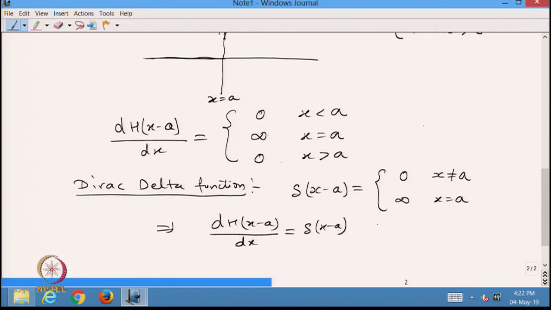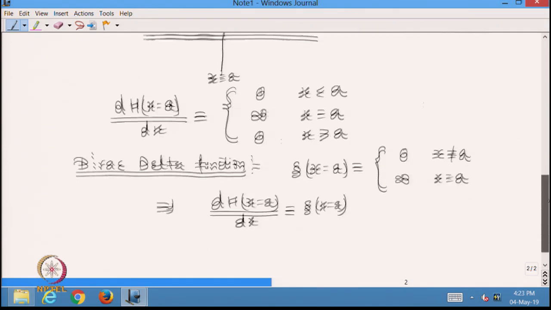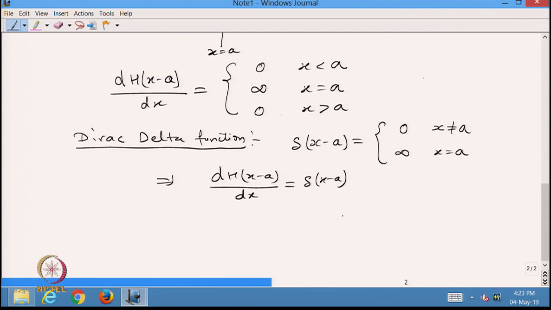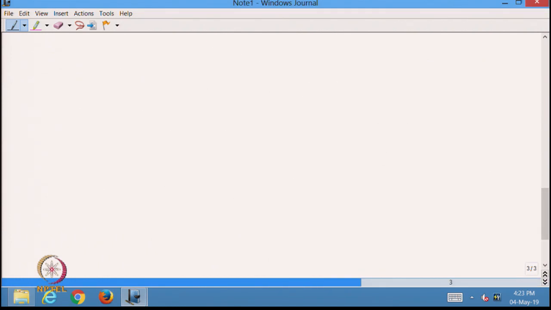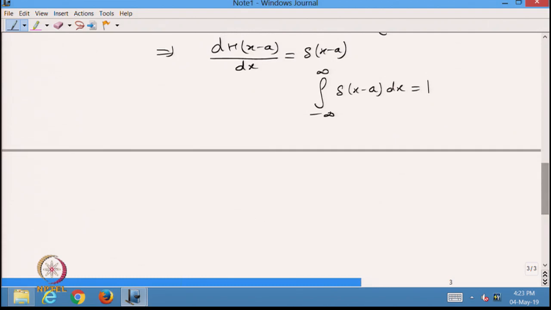This function has the property that if I take the integral from minus infinity to infinity of delta(x minus a) dx, then its integral is equal to 1. If you want to draw this function, suppose this is my function and let a equal 0.